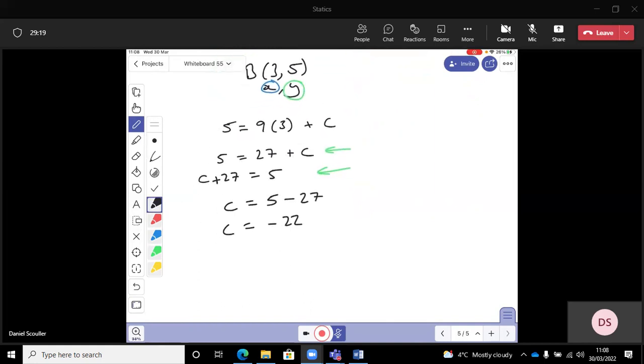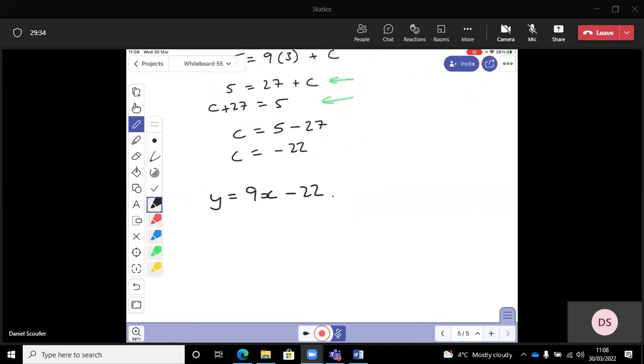C is equal to minus 22. So y equals 9x minus 22. That's your expression for your straight line.